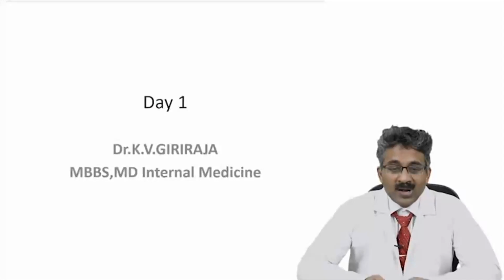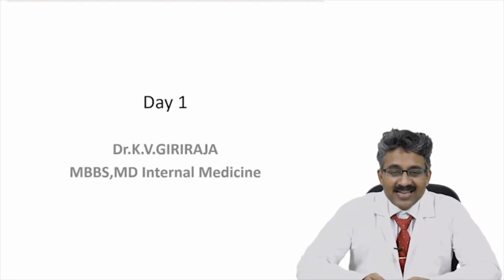Hello, namaste students. So, central nervous system examination will start with general physical examination and higher mental functions. I told you what are the things you should look in general physical examination. Now, let us go to the higher mental function examination.